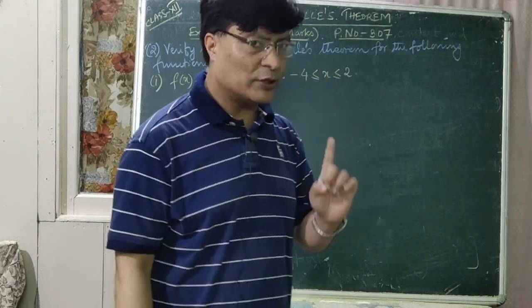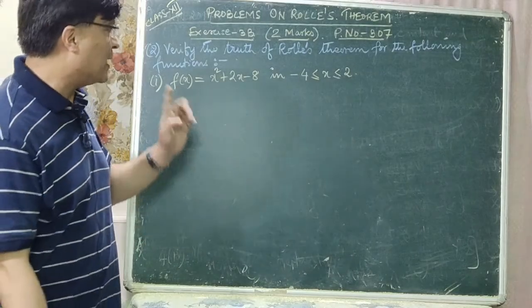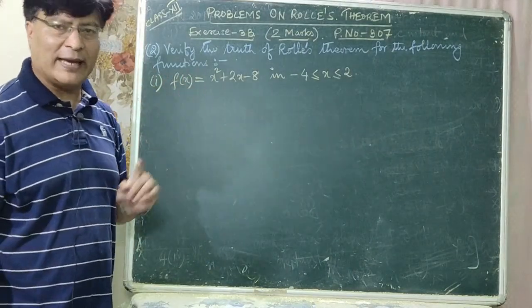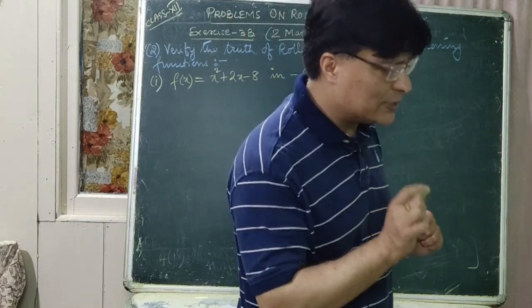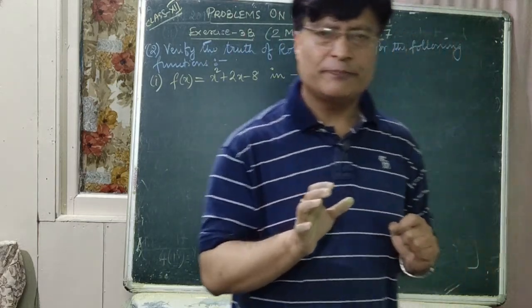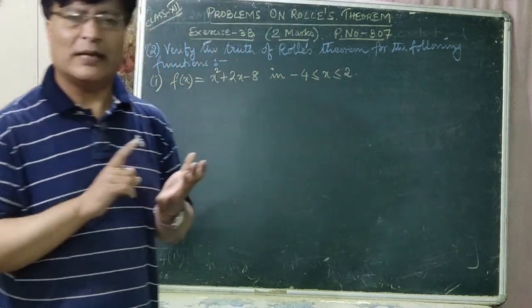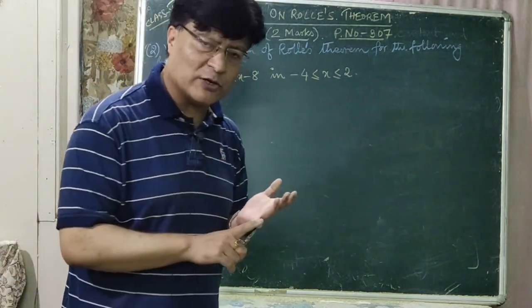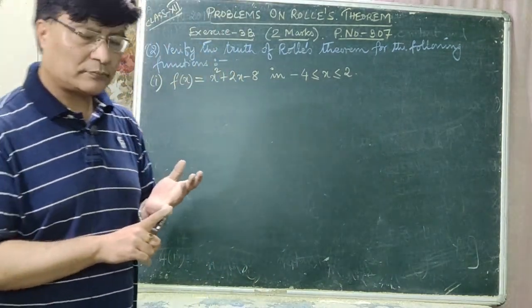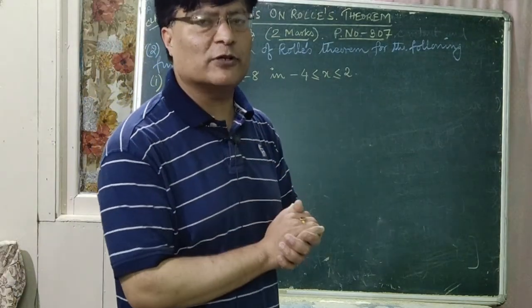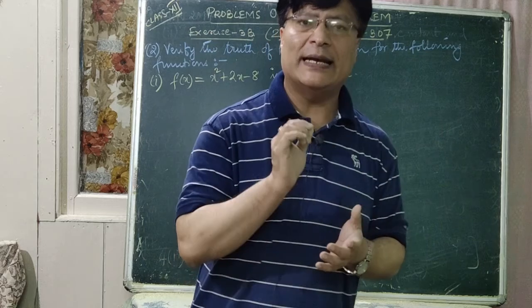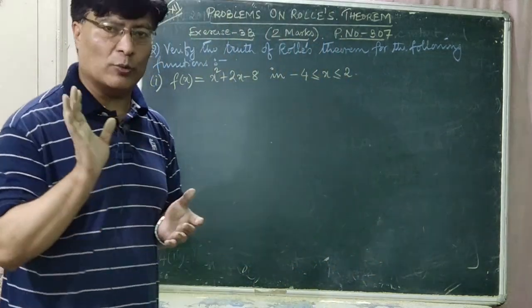Okay, so you should remember that the polynomial of degree n or algebraic expression in terms of x, logarithmic function, exponential function, trigonometric function, and inverse circular function, all these functions are continuous and differentiable in its domain.